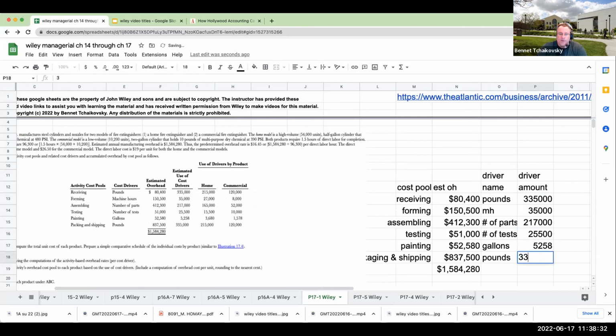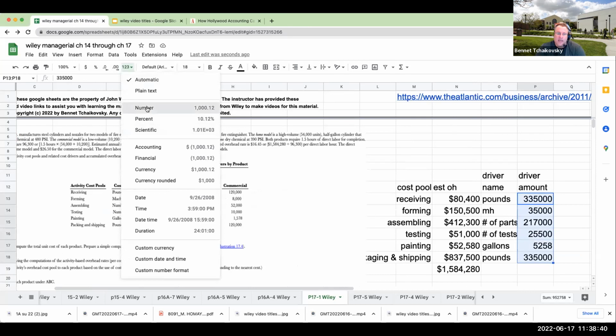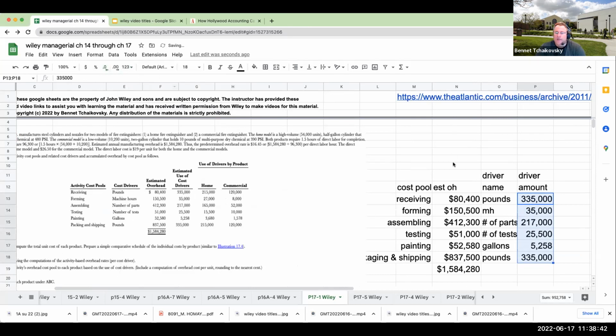And then over here, this is going to be 335,000 again. Okay. So what I'm now going to do is take the overhead amount, which I'll call this A, and divide it by the driver amount, which is going to be my rate per driver.